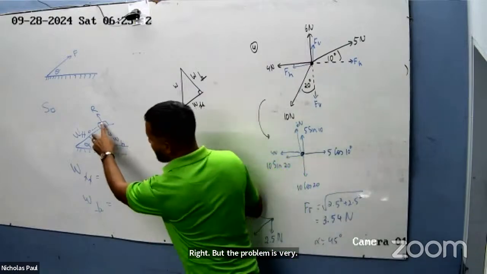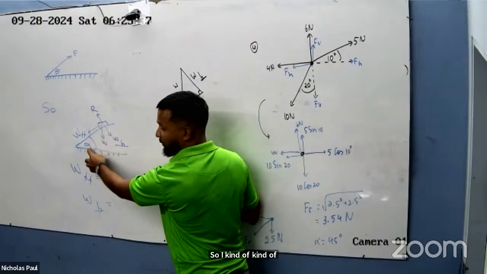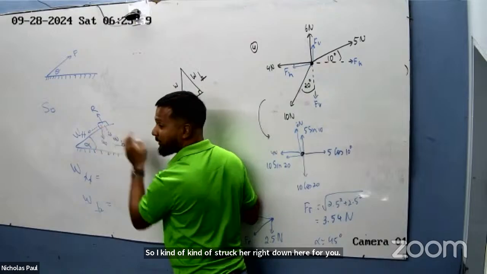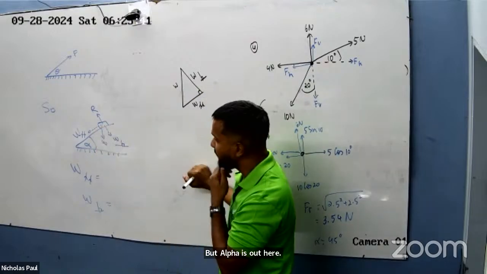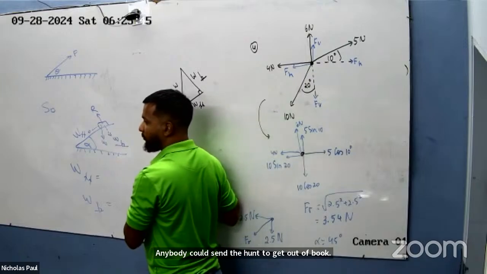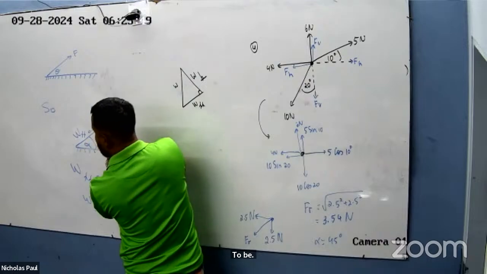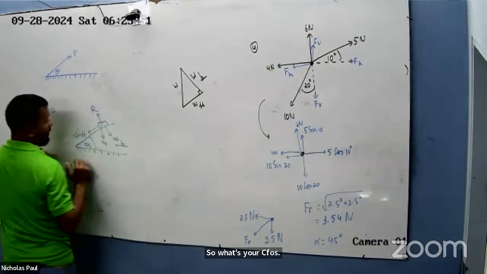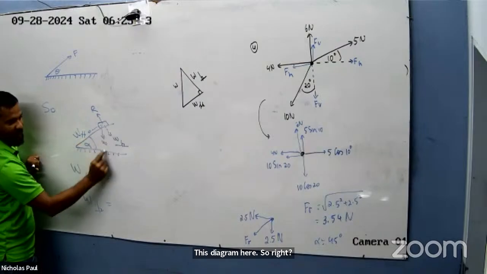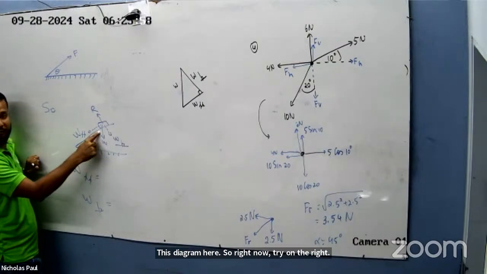So I kind of reconstruct a right angle triangle here for you. But alpha is out here. Can anybody tell me how to get alpha? So what do you see first? This diagram here is a right angle triangle, right? Here's alpha. Here's 90. So how much is here?